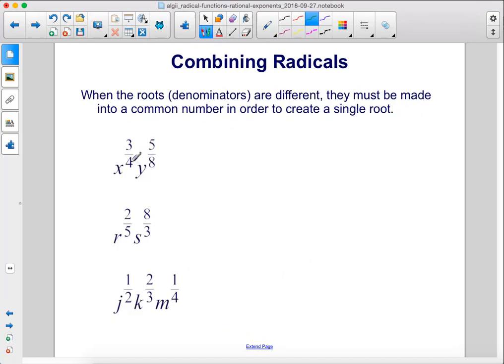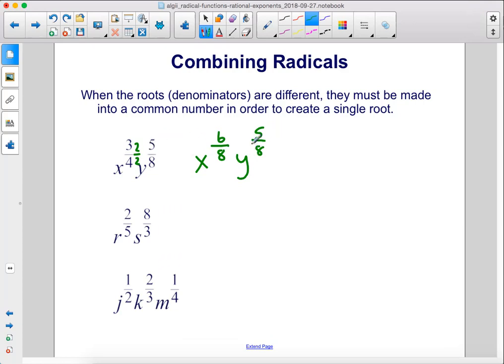When the roots or denominators are different, they must be made into a common number in order to create a single root. So here we have 3 over 4 and 5 over 8. So the least common multiple is going to be 8. So if we multiply this 3 over 4 by 2 over 2, we will get x to the 6 over 8 power and y to the 5 over 8 power.